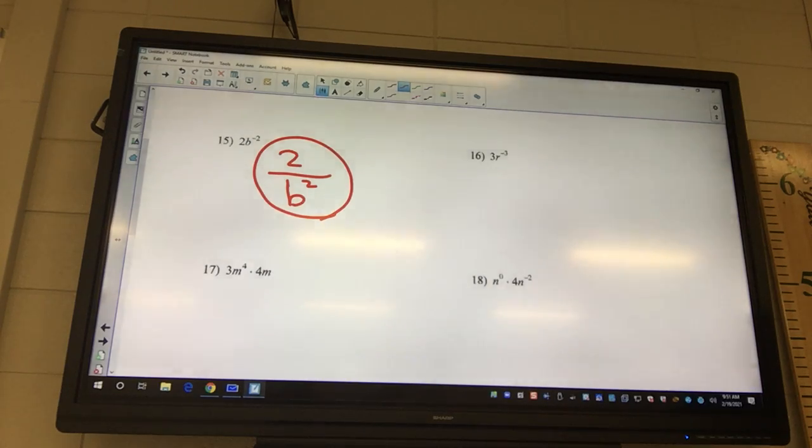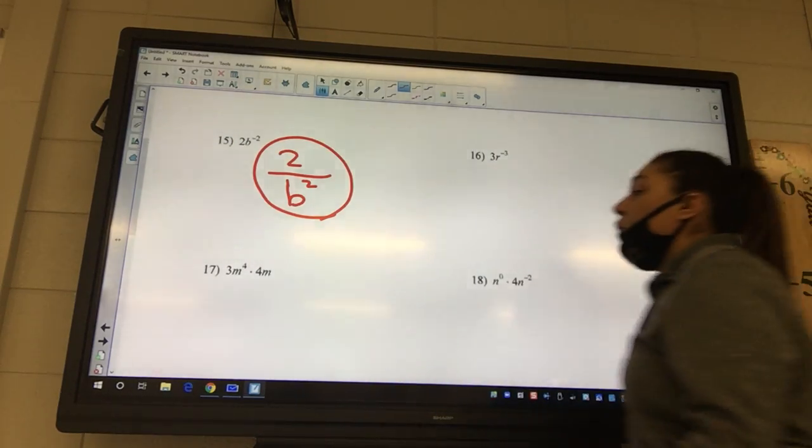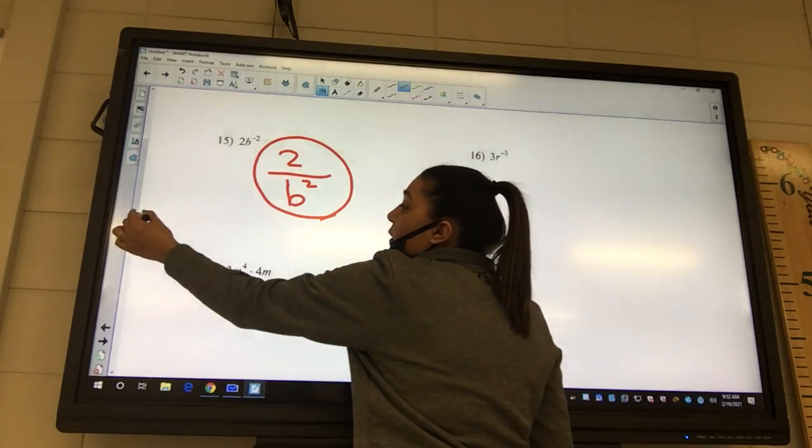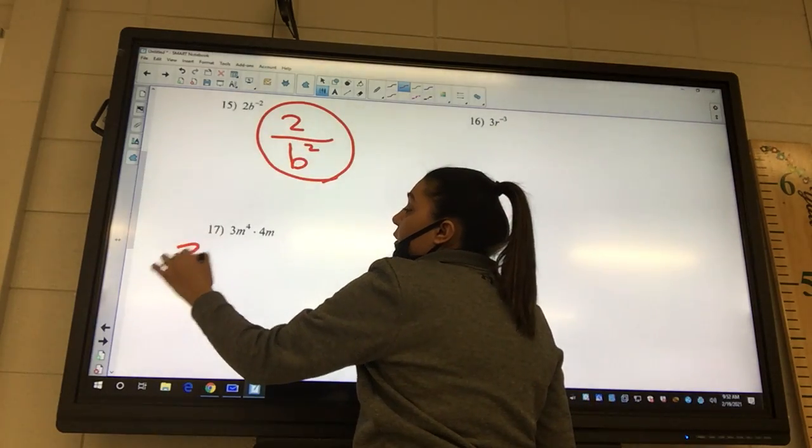Okay, 17. What kind of rule is that? It has a dot. Multiplication. It's the multiplication rule, and what do we do with the exponents? Add. We add them, okay? So we're going to multiply the bigs, and I'm going to do this the long way.